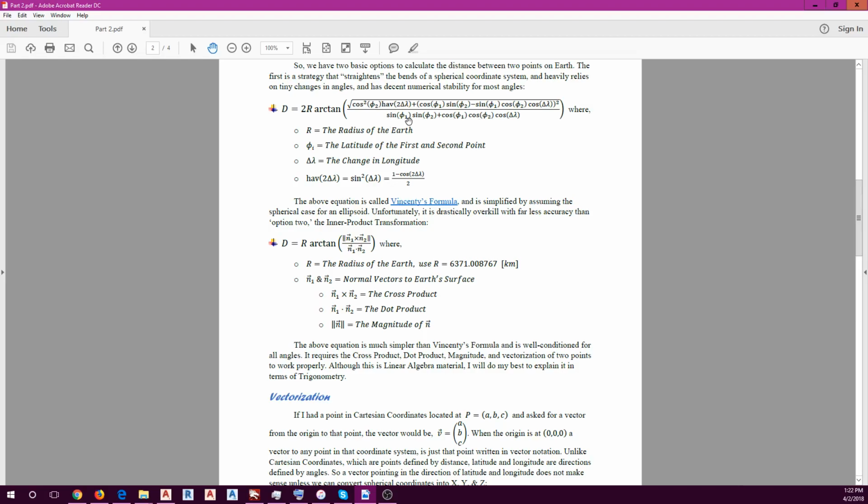The sine of your first latitude times the sine of your second latitude plus the cosine of your first latitude times the cosine of your second latitude times the cosine of your change in longitude.